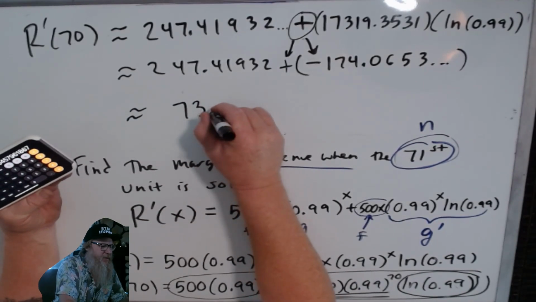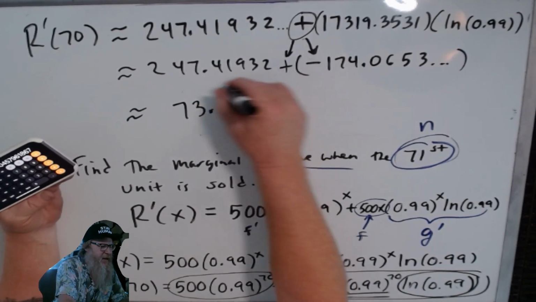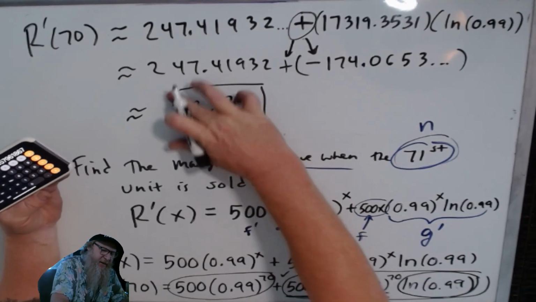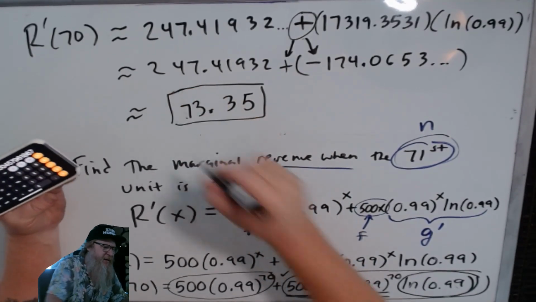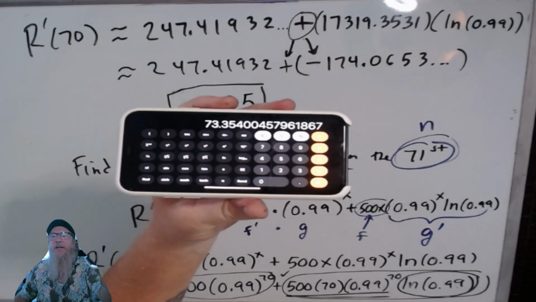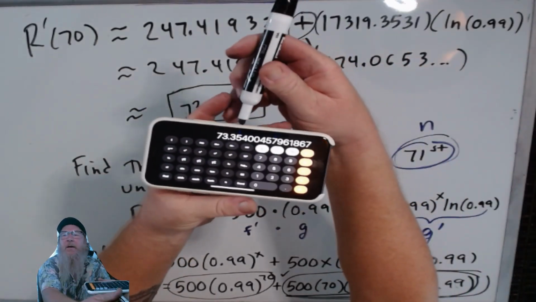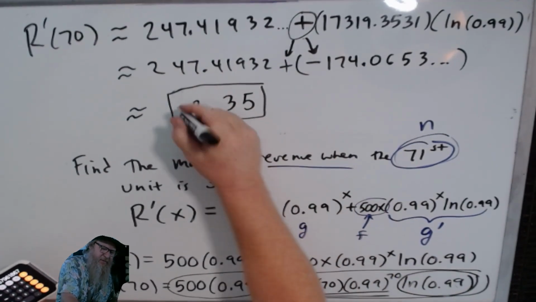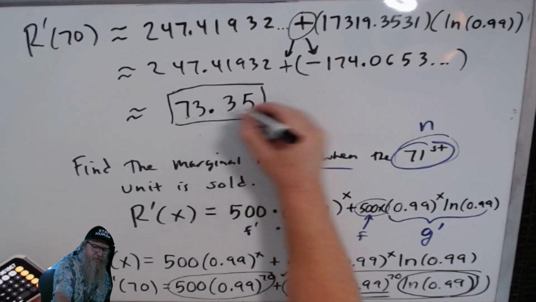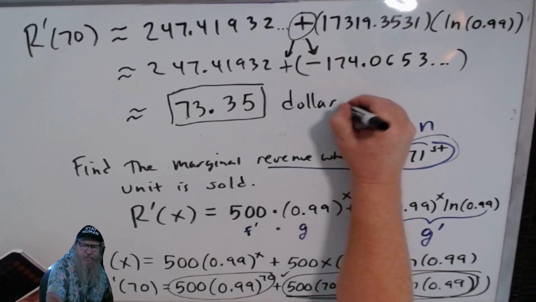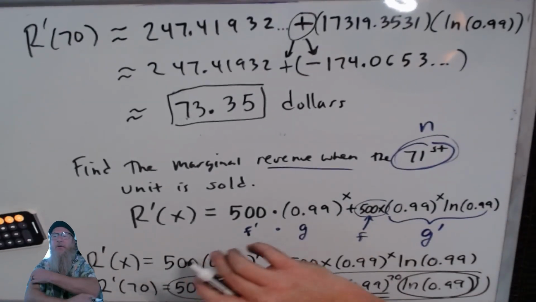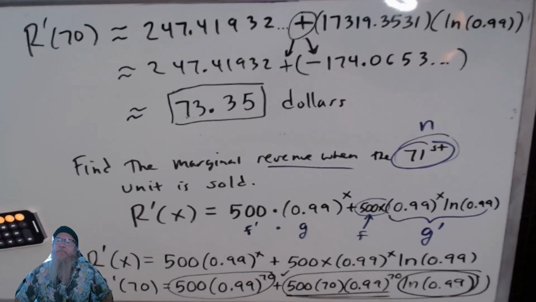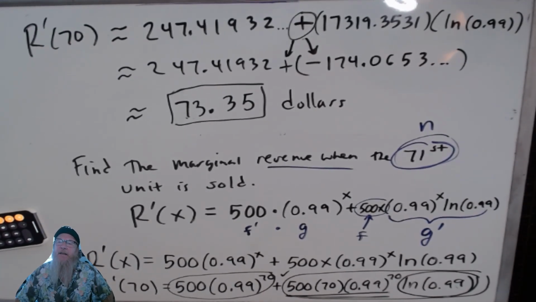And I get approximately $73.35. It rounds very nicely because the third digit is a 4. So it's just 35 cents. Or you say $73.35.